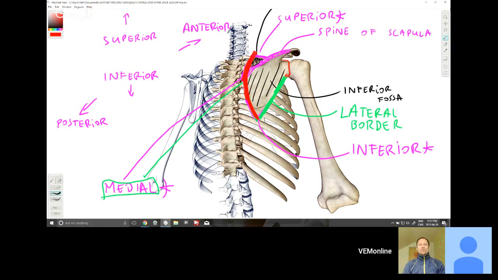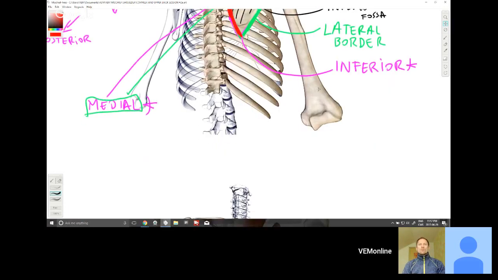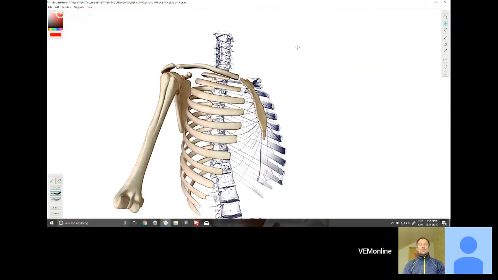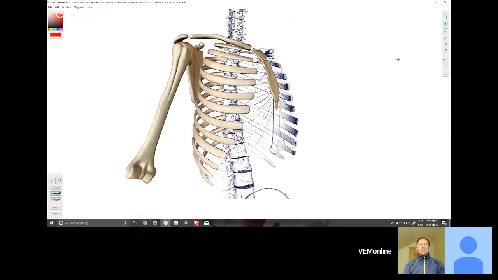If we would turn it around, let's turn it around. Okay, right there. So this is anteriolateral view, okay? Because we are looking at the front and at the side as well. So proper name for this view would be anteriolateral view.